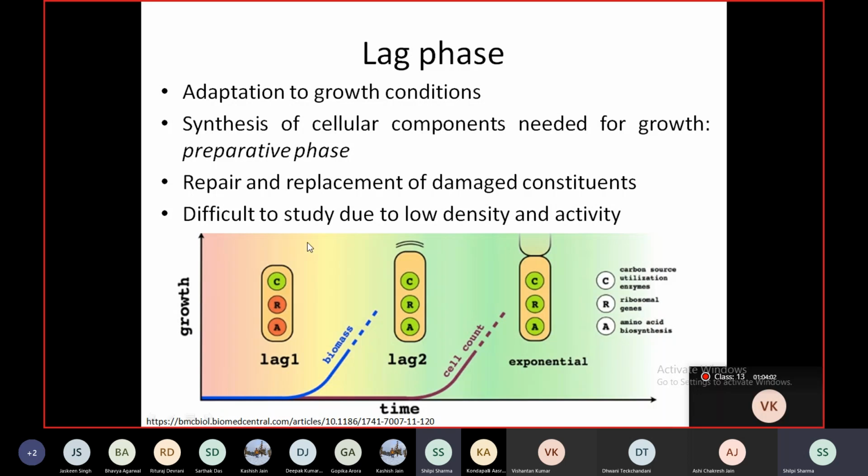In fact, it's believed that there are two phases of the lag as well. In lag 1, there is no accumulation of biomass. So it's not that the cell would immediately start growing and accumulating biomass. But then the cell would start accumulating biomass, and there's a phase called lag 2, wherein there is accumulation of biomass, but there is no division.